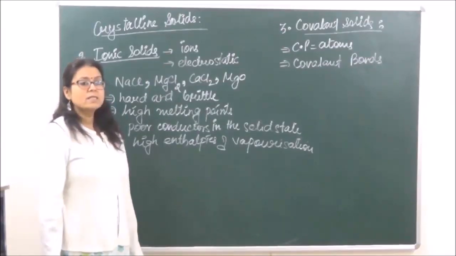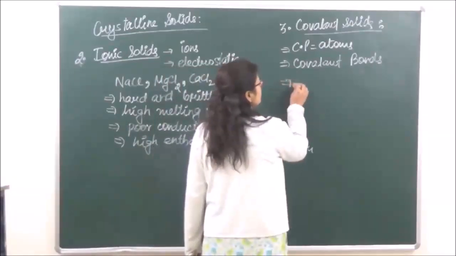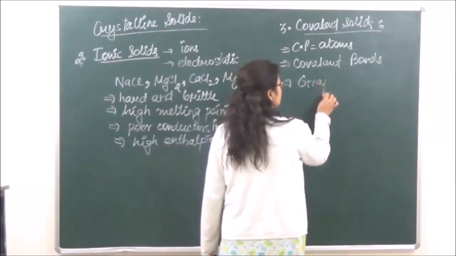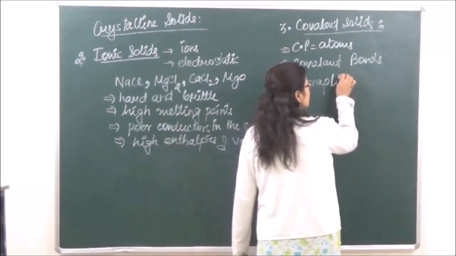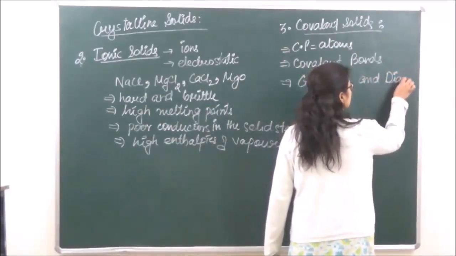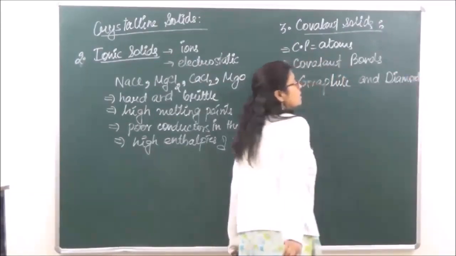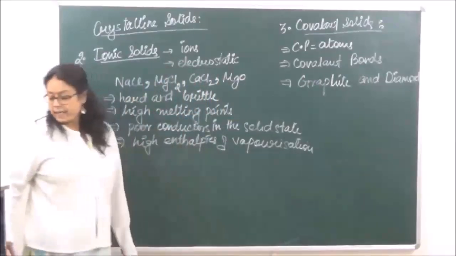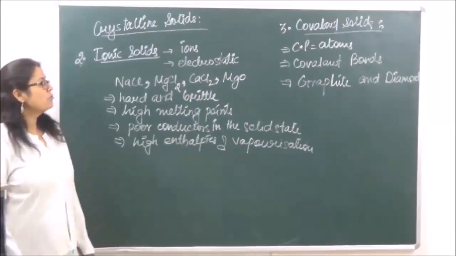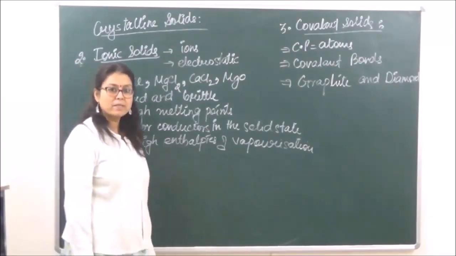Now, an example of covalent solids which we can take is allotropes of carbon: graphite and diamond. In both graphite and diamond, atoms of carbon are present.